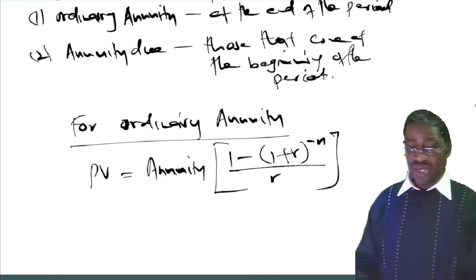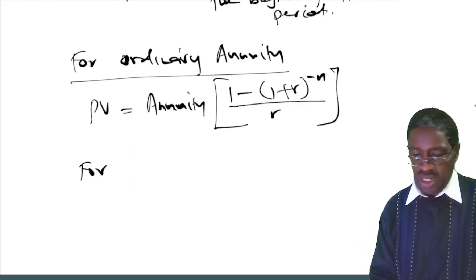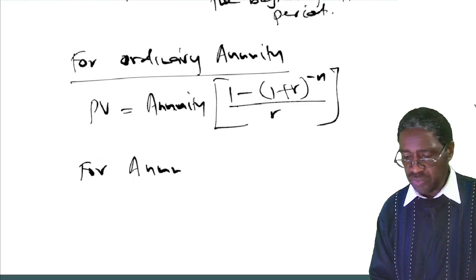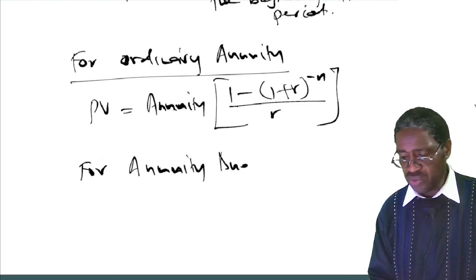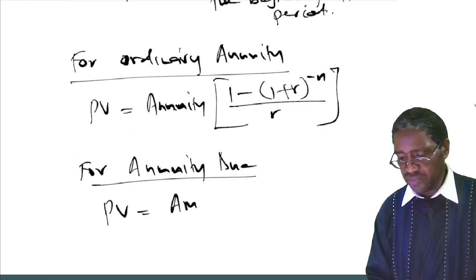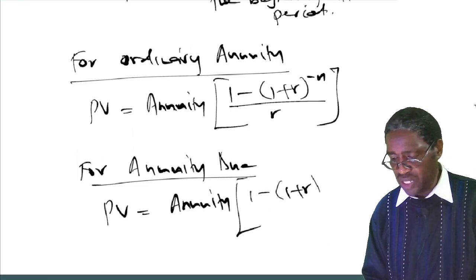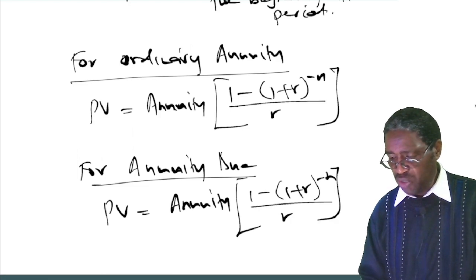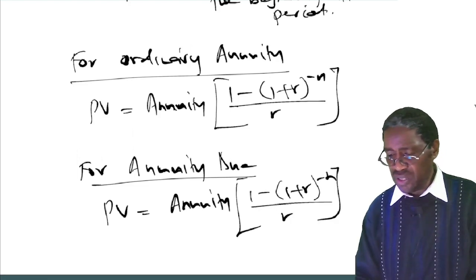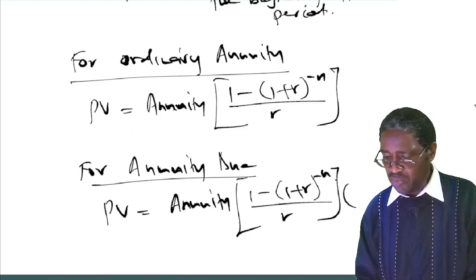Then you come and say below that again, for annuities due, we have said the present value would be the annuity into the same formula, 1 minus 1 plus r to the power of negative n, divide that by r, then you multiply that by 1 plus r.